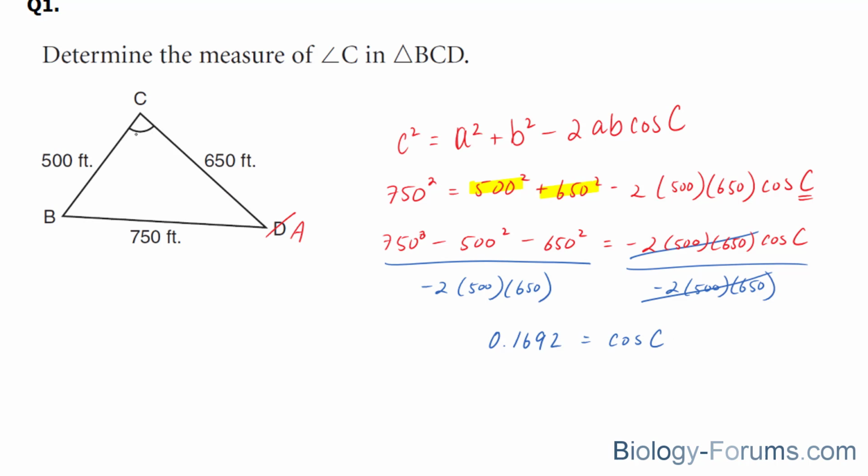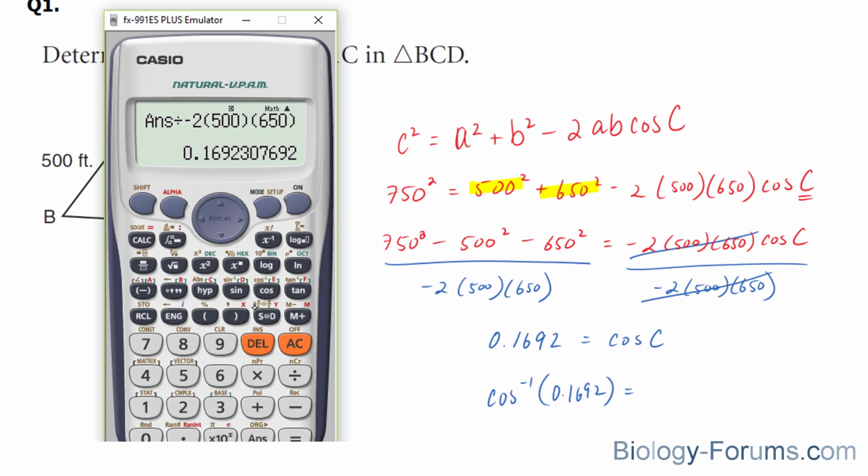So does that mean our angle is this small? No way. Now what you have to do is use inverse trigonometric functions, and I have a video dedicated to this where you use the inverse of cosine to find out what this decimal number represents. And our calculator is programmed to do this.